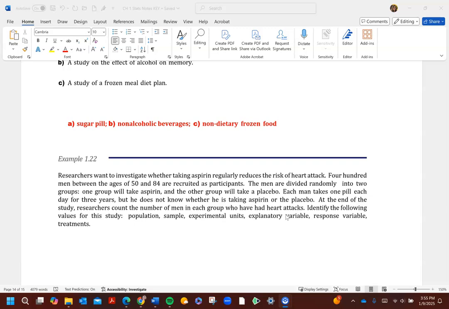Identify the following values for this study. What's the population? So kind of think back to the beginning of the chapter. The sample, experimental units, explanatory variable, response variable, and treatments.